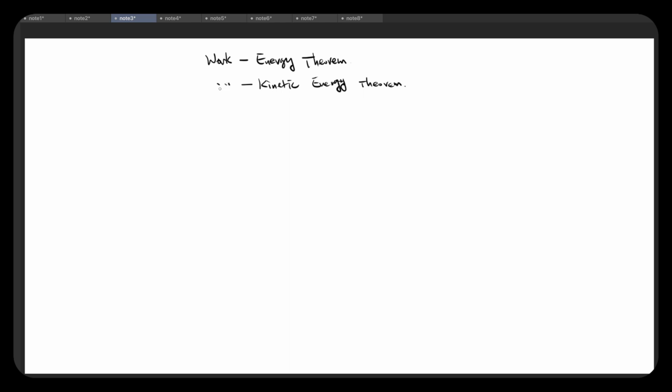And at the core of this definition is just Newton's second law, F net equals ma. And then from there, you can rewrite kinematic equations into kinetic energy and the net work.